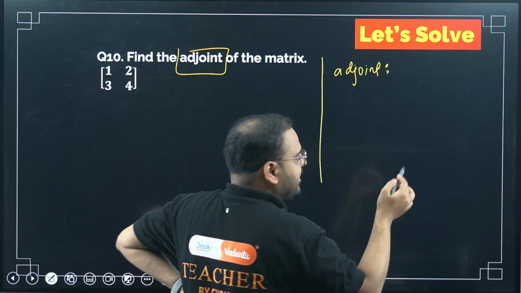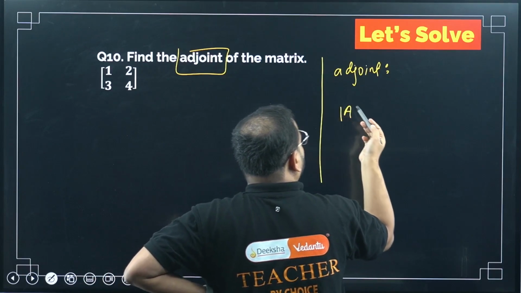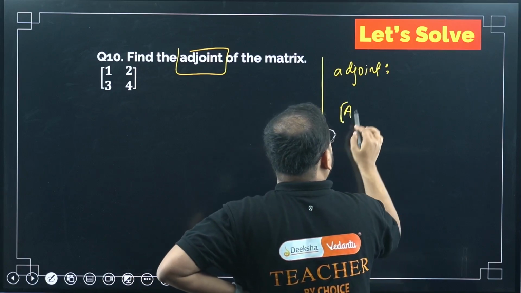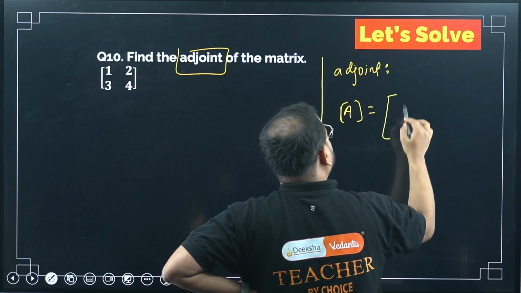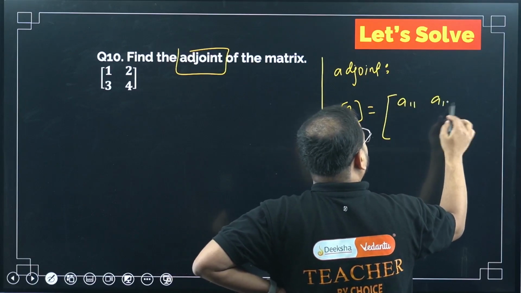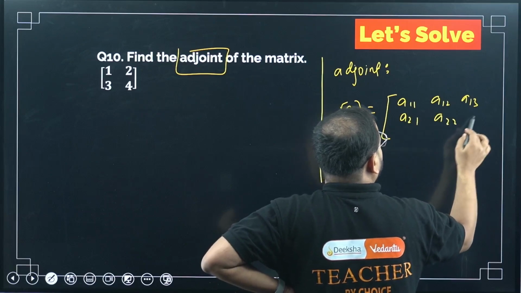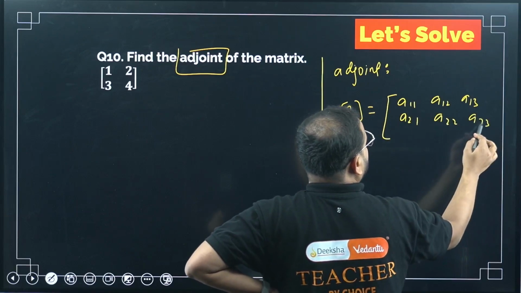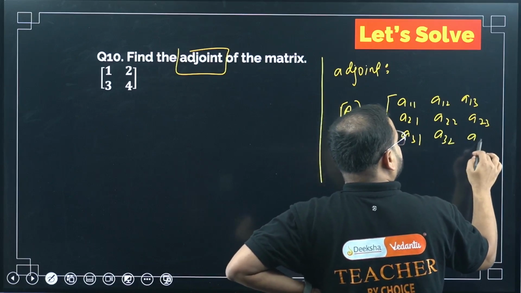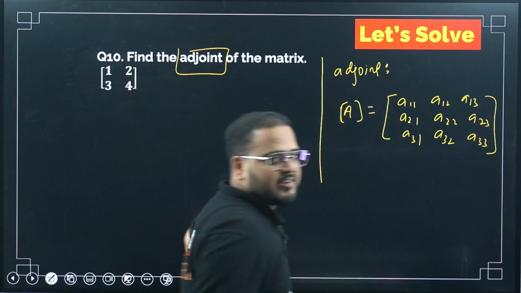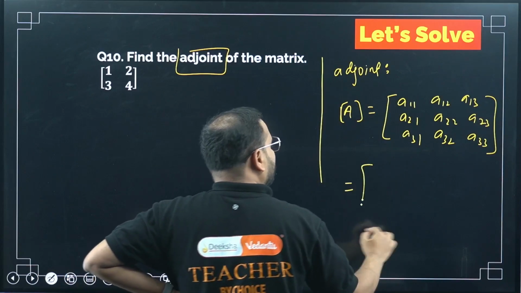So, for example, let's say I have a matrix A, given like this, A11, A12, A13, this is my 3 cross 3 matrix. Then what are you going to do? First find the cofactor of every element.